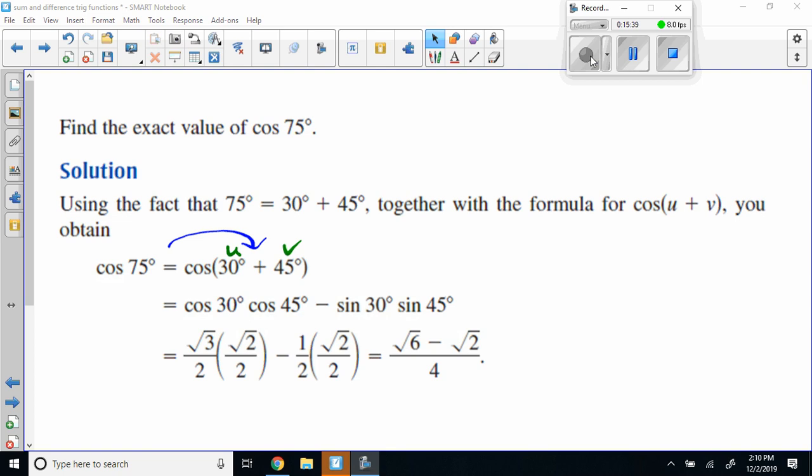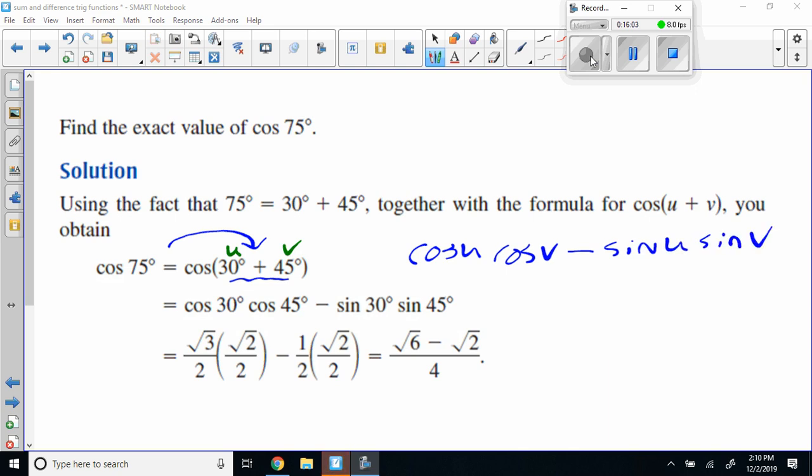For the subtraction sign, I put that in, I don't know why. How do you know the difference? Well, in your formulas, you go to that one, and it's written out: cosine U cosine B minus sine U sine B. Everything is driven by that right there.